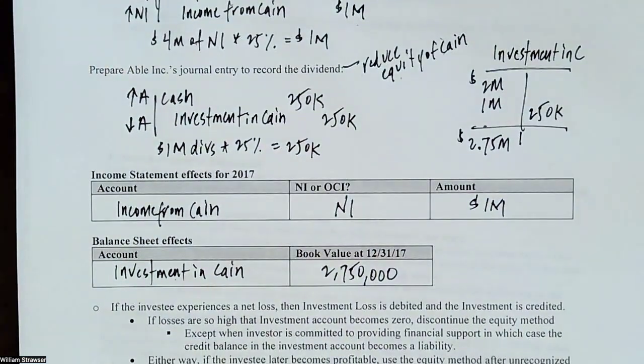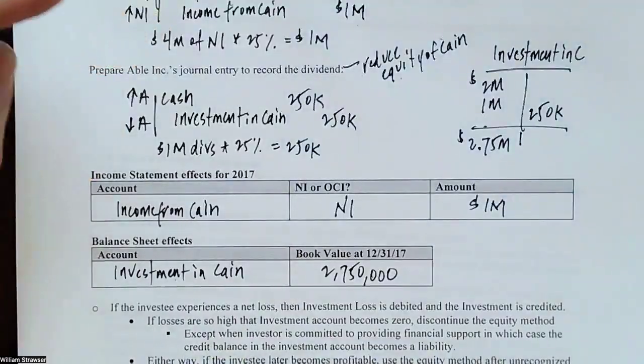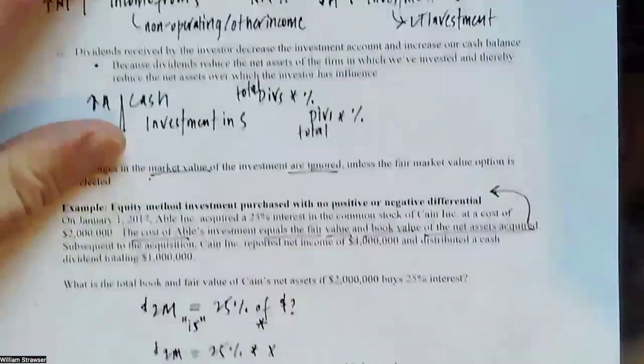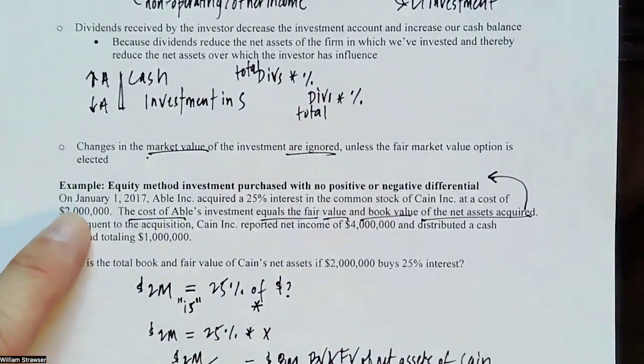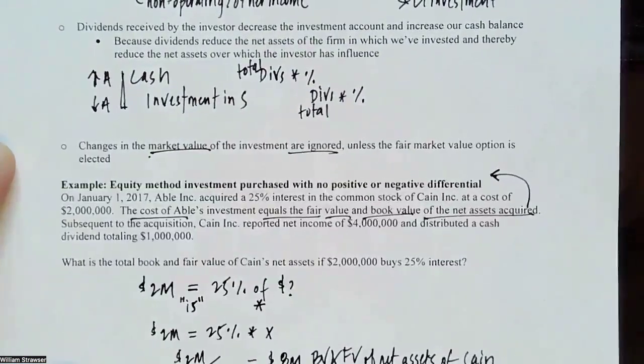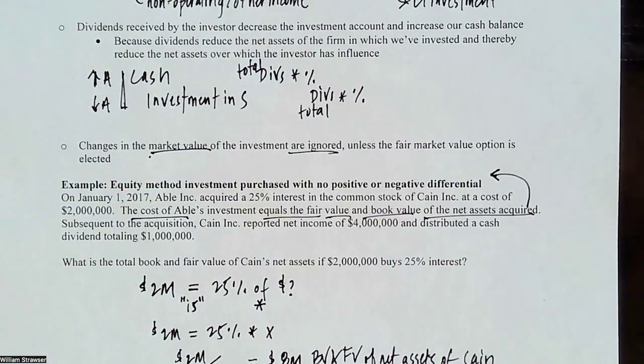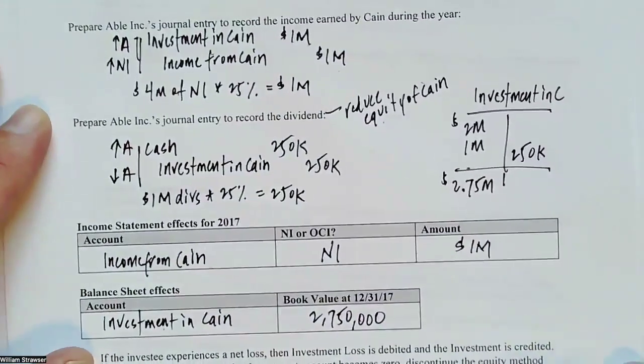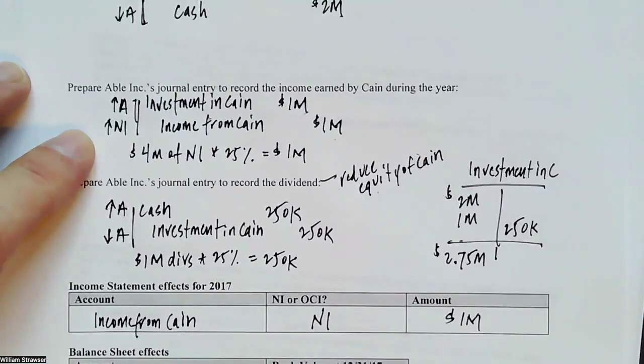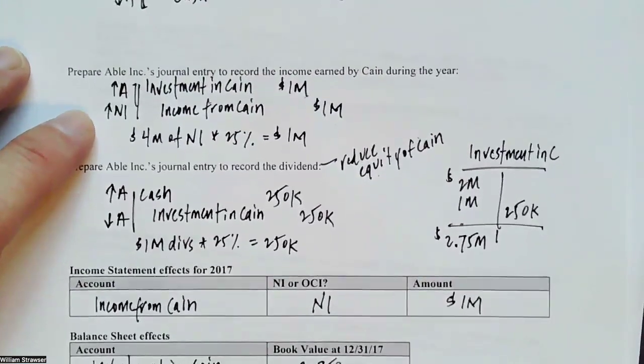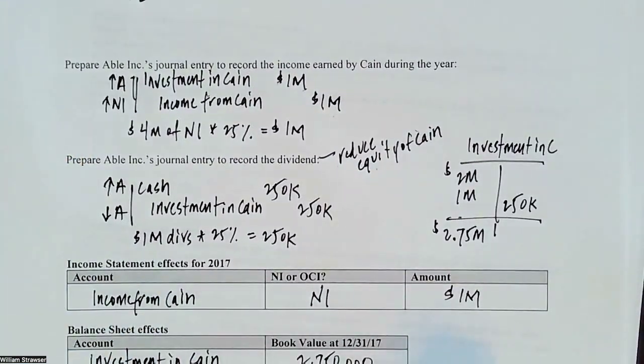Now, to note, if we had purchased the investment at a time other than January 1st, right? So if we had purchased this investment, say, at March 30th, if 3 months of the year had passed, then we would have to adjust the income for the amount of income earned only since we had purchased it.